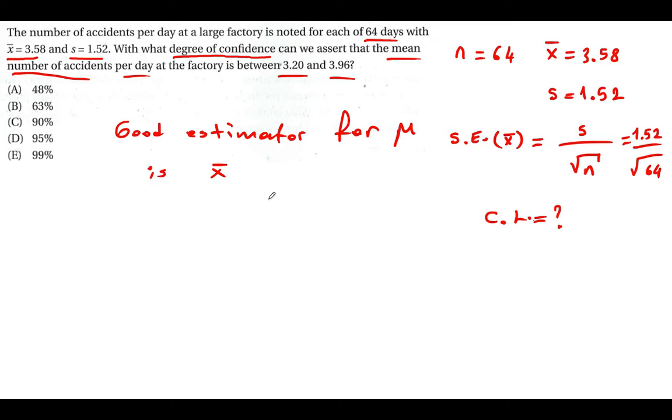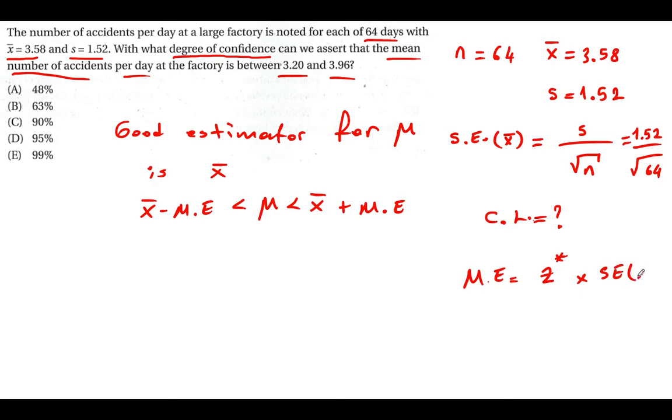And we know that we say mu is between x bar minus margin of error and x bar plus margin of error. So the margin of error in this case will be the critical z value times the standard error of x bar, which is s over square root of n.